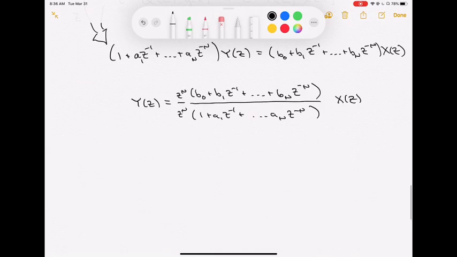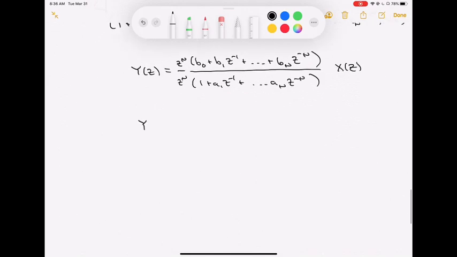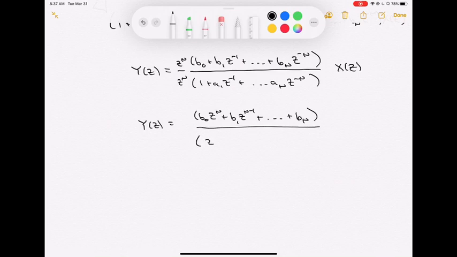That's just a fancy one, and I can get Y of z equals b0 z to the n plus b1 z to the n minus 1 plus going all the way out till I hit just the constant b_n, divided by z to the n plus a1 z to the n minus 1 plus going all the way out until I hit a_n, and this is multiplying my X of z.